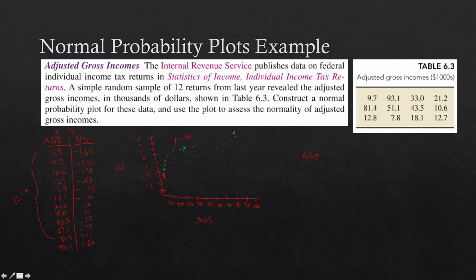So, as you can see, it's curved, it's not linear, proving that this whole thing is not normally distributed. Okay? So, it's not normally distributed.